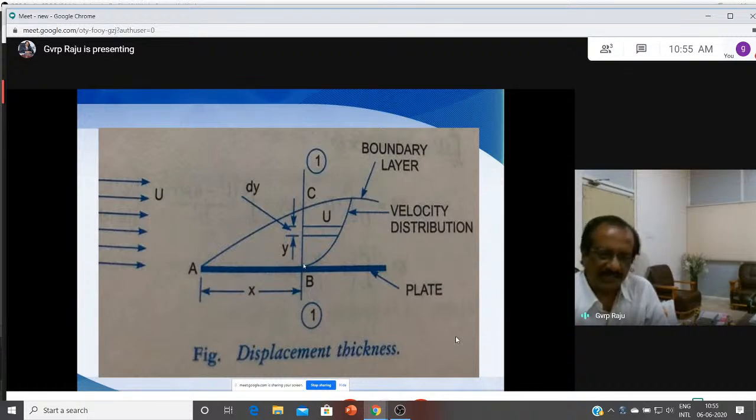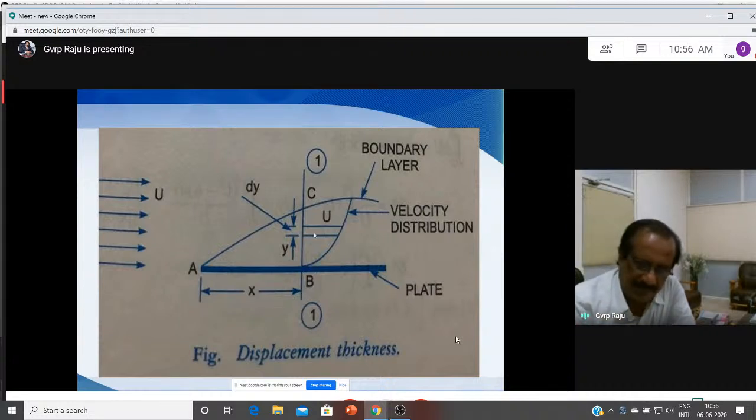So this vertical distance from here to here is delta, the boundary layer thickness. Strictly speaking, it is defined as the thickness measured normal to the plate in which the velocity changes from 0 to 99% of the free stream velocity. That is the exact mathematical definition.